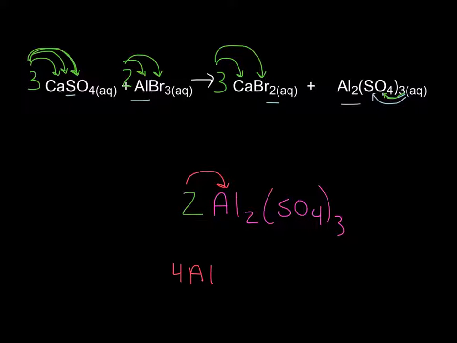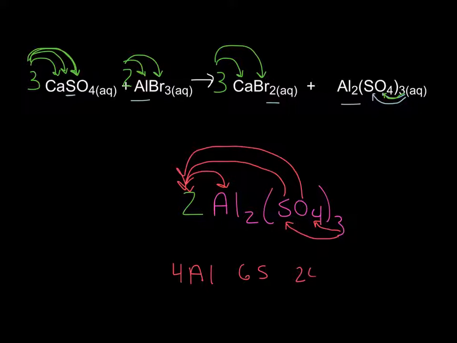Now keep in mind here that this 3 on the outside of the sulfate means that we have 3 sulfurs, but we have to multiply it by 2 as well. So we have 3 times 2 sulfurs is 6 sulfurs. For the oxygen, we have 3 times 4 is 12 oxygens, and 12 times 2 is 24 oxygens.